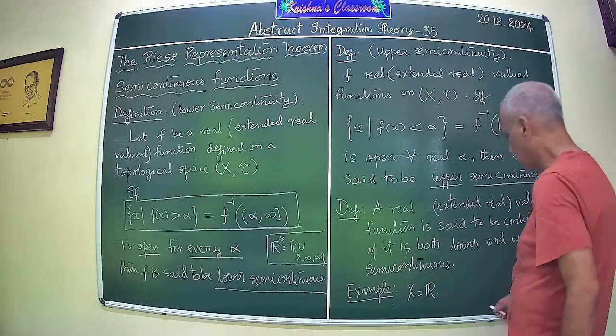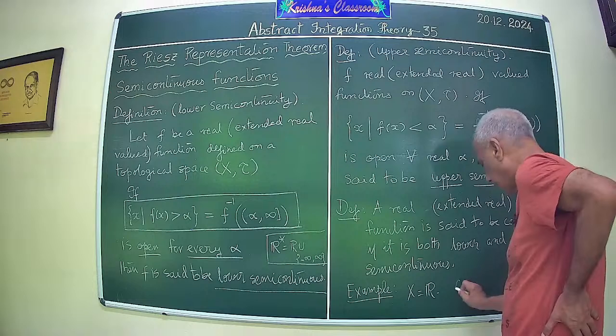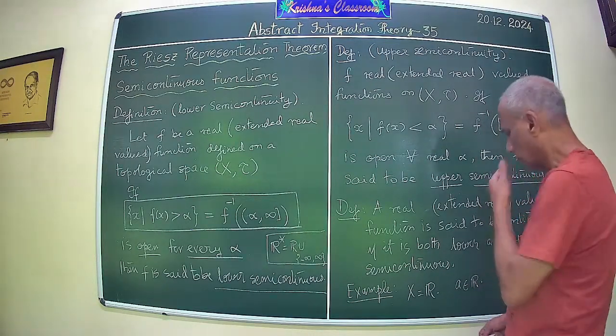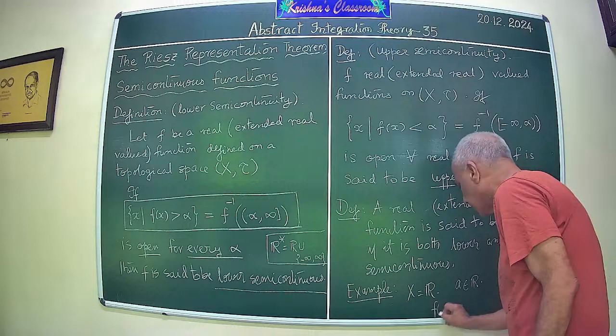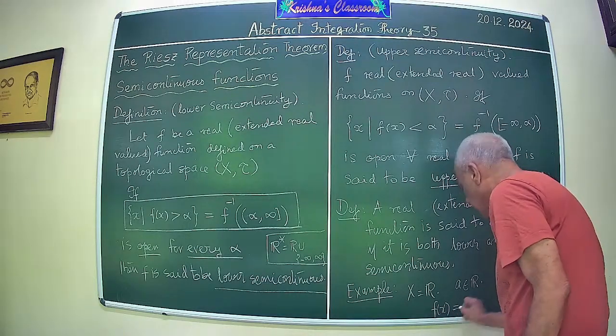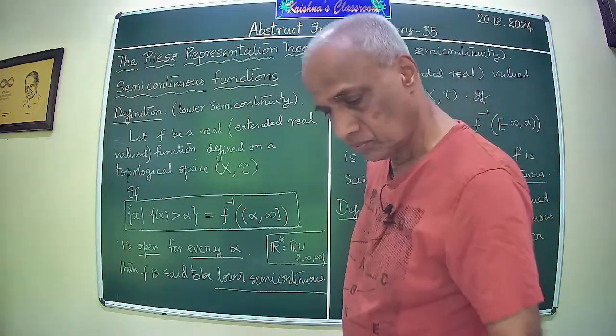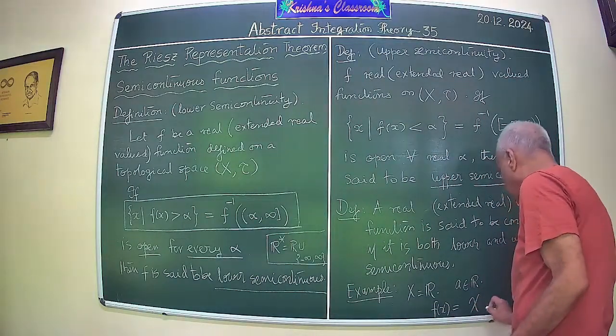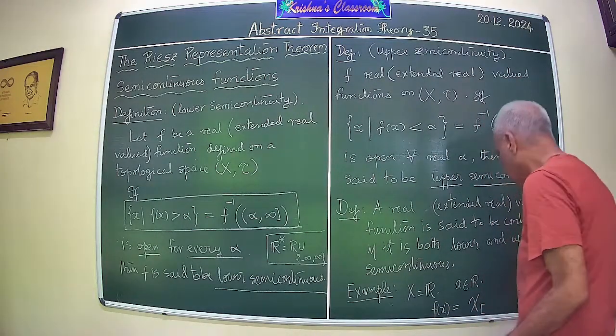Now, you take a belonging to R. Now, define f(x) to be equal to the characteristic function of the closed set.